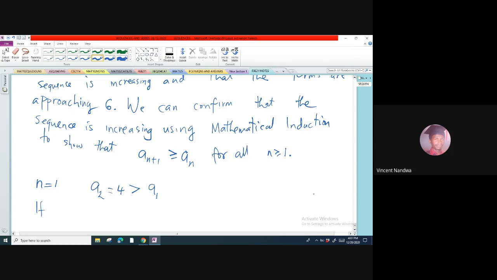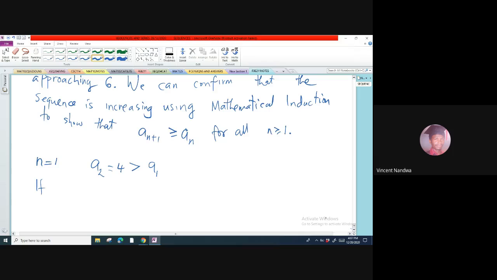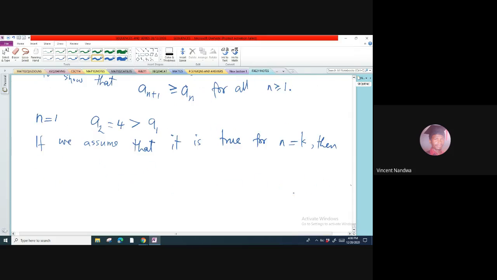So if we assume, this is the process of mathematical induction, that it is true for n equals k, then this is the hypothesis step. We have ak plus 1 greater than ak.